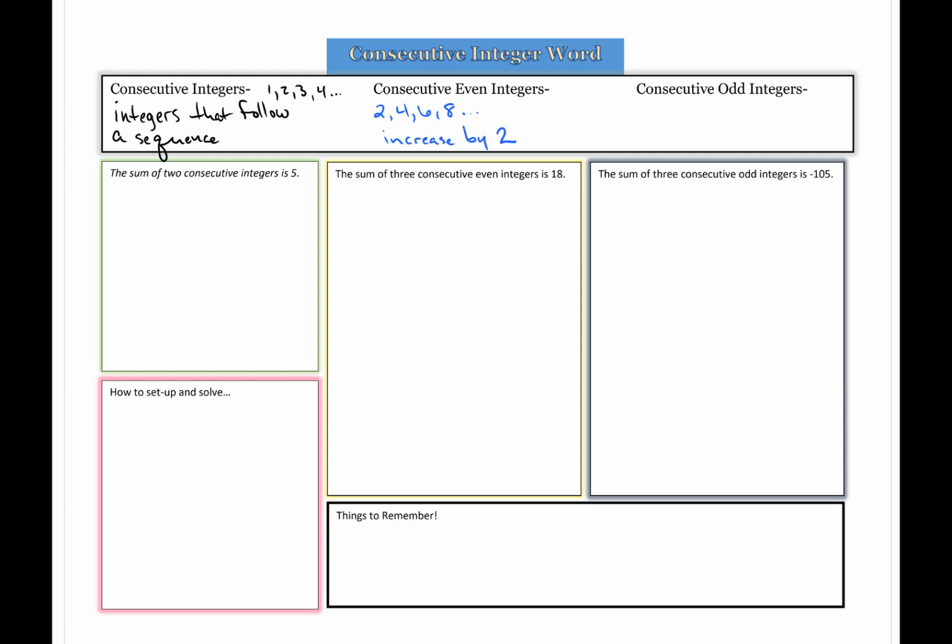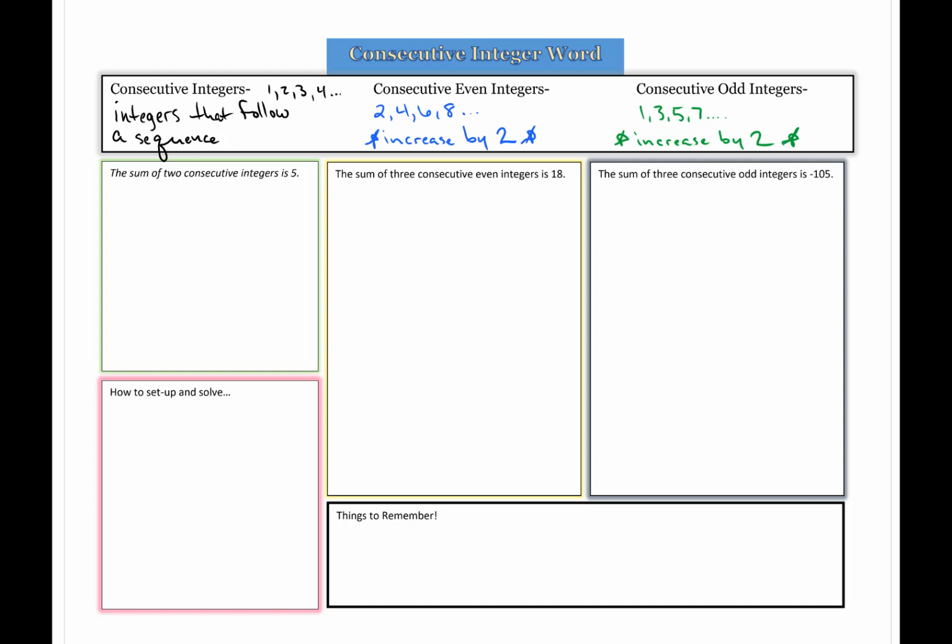And then you have consecutive odd, which would be 1, 3, 5, 7. These also increase by 2 each time. And it's important to note these increase by 2 every time, just like consecutive even integers, because making sure we understand that is going to help with how we set these up.